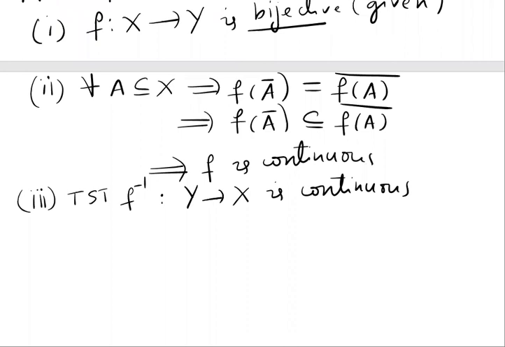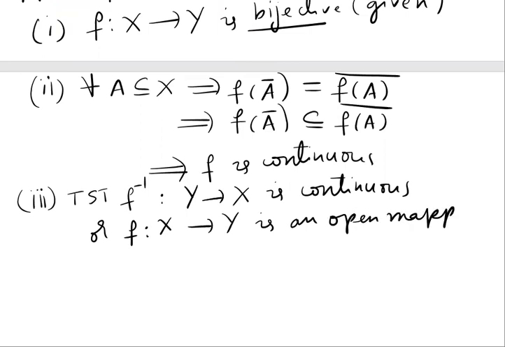We have to prove that F inverse is continuous, or F from X to Y is an open mapping. We know that these two are equivalent. So we can prove this is an open mapping. What is an open mapping? It takes open sets to open sets.